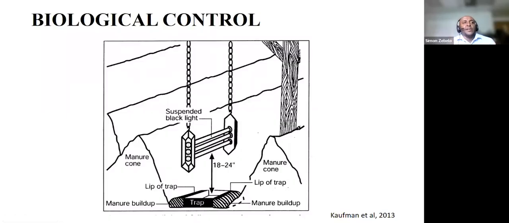Every 3 days, they have to be collected and kept in an incubator or in a place where you can have 50 degrees, where they can survive until the poultry house clean out. So this is a trap called a black light pitfall trap, which is used to trap the Hister beetles, or the beneficial beetles.